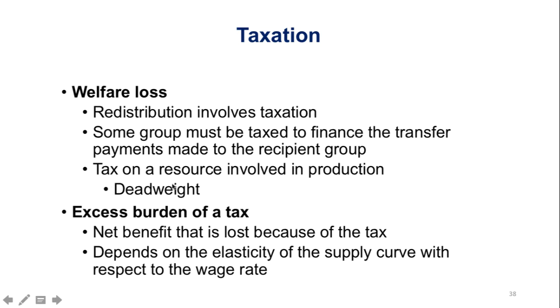The size of the deadweight loss depends on the tax, and on the burden on suppliers and demanders, buyers and sellers, which depends on the elasticity of demand and supply. So the excess burden of the tax, the net benefit that is lost because of the tax, depends on the elasticity of supply and demand with respect to the wage rate.